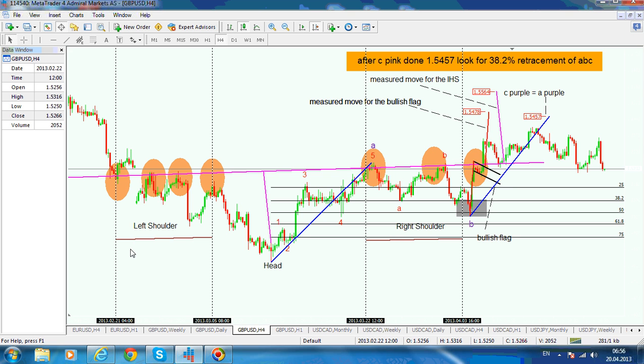Normally a support area that is broken on a move from the downside now becomes resistance. Look for how many times the area has been tested before being broken, and look for the same to be valid on the right side.